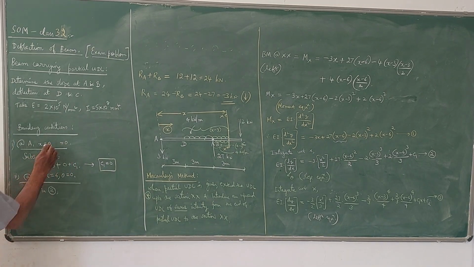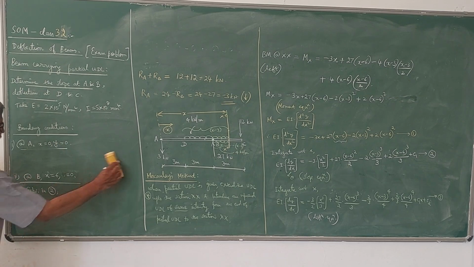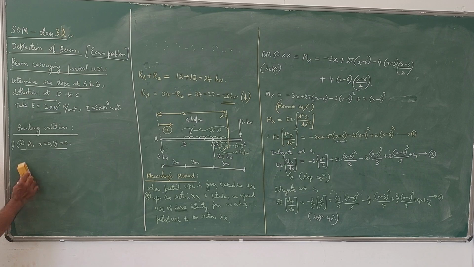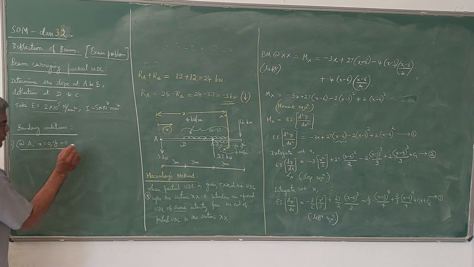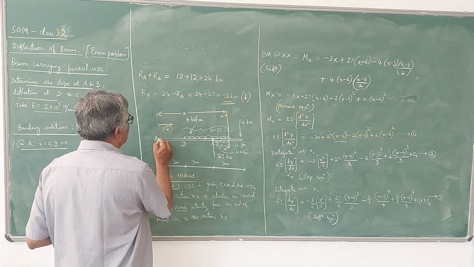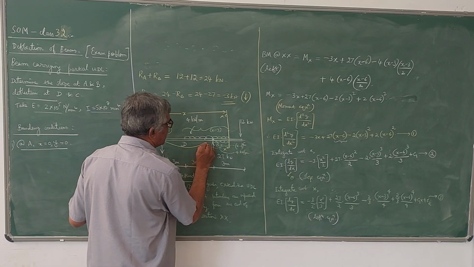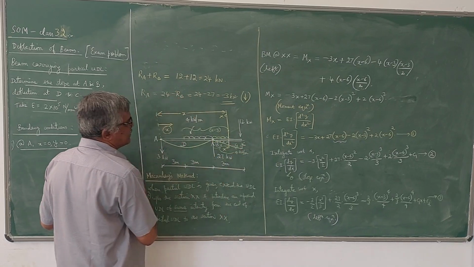Theta is not 0. Y is equal to 0. Deflection is 0 at the simple support, not the slope, because the deflected shape of this will be something like this. This is the deflection.